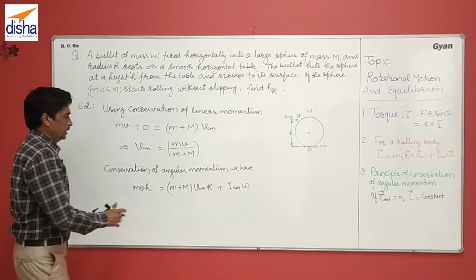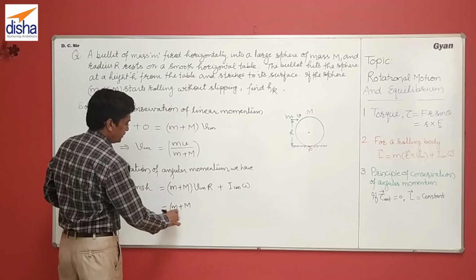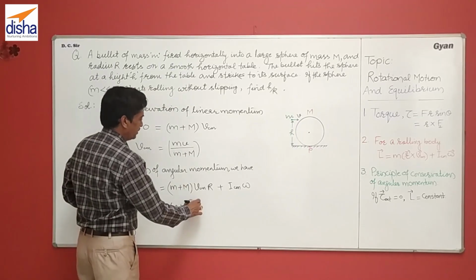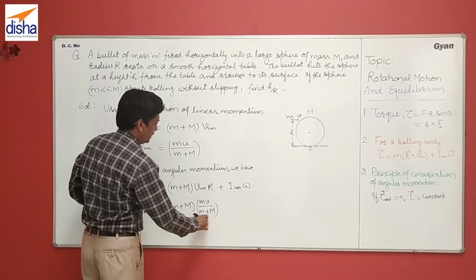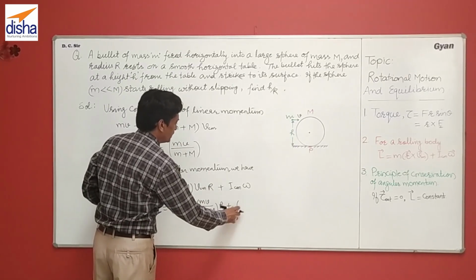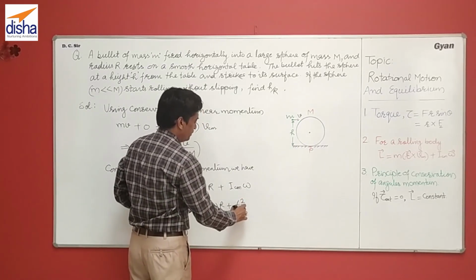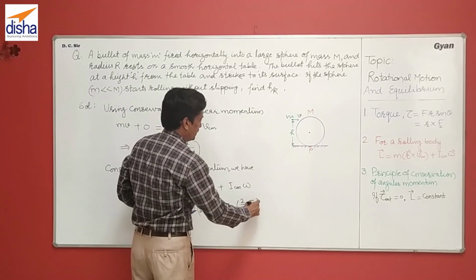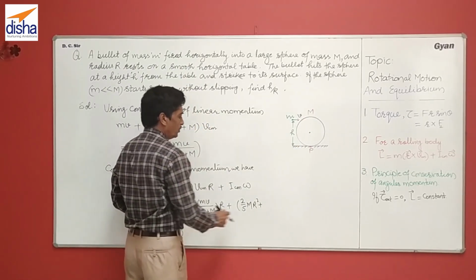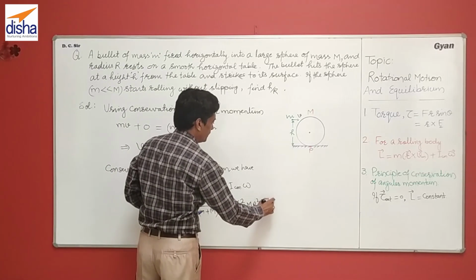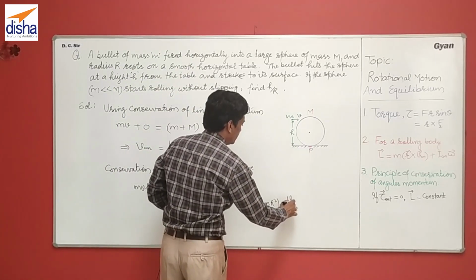Now here you substitute the value of velocity of center of mass. This will be mv upon (m plus M) into r, plus I, the moment of inertia of the system, the sphere and the bullet. The sphere is 2 by 5 MR squared, and that of the bullet, which is at a distance r from the center of mass, will be mr squared, and omega is vcm by r.